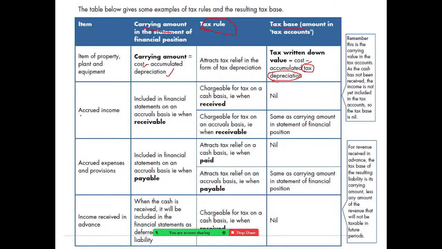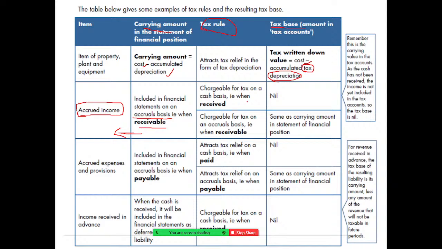When you come to accrued income, it means income receivable. Income receivable is a kind of asset. So here the carrying amount in the balance sheet is included in the financial statement on the accrual basis, when it is receivable. So the accountant will recognize it as income throughout the period. He has no need to wait until it is received.